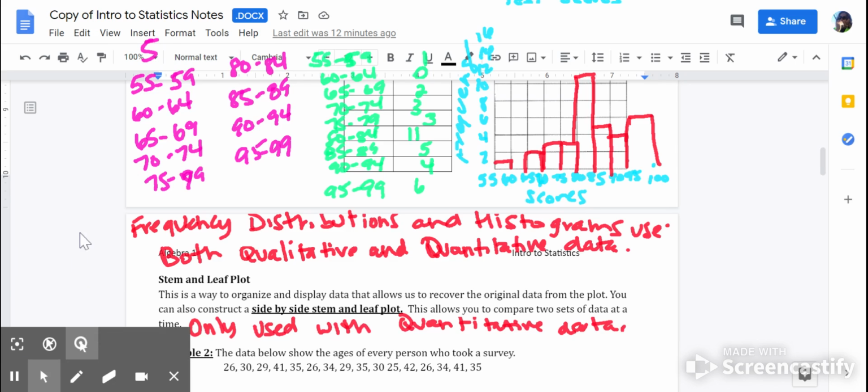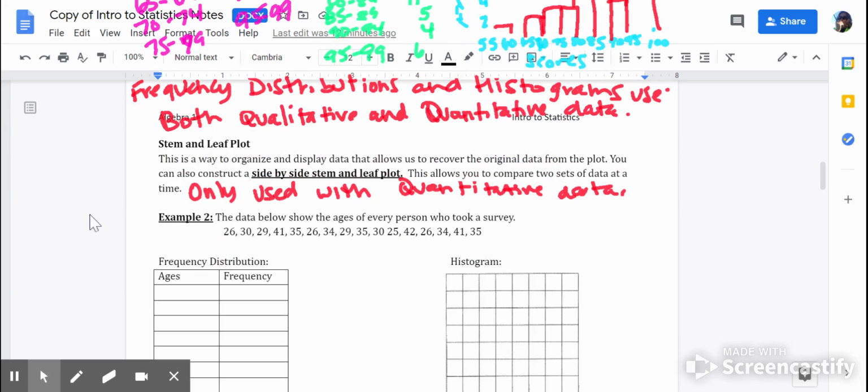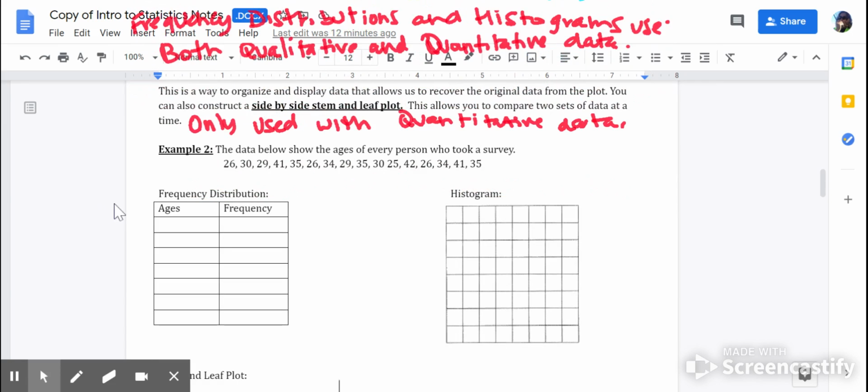So let's look at example 2. We have the ages of people who took a survey. Now for the frequency distribution, I want to be able to create these bins, so groupings of numbers. I can tell that my lowest number is 25, while my highest number is 42. So I'm going to make these in a bin size of 4.